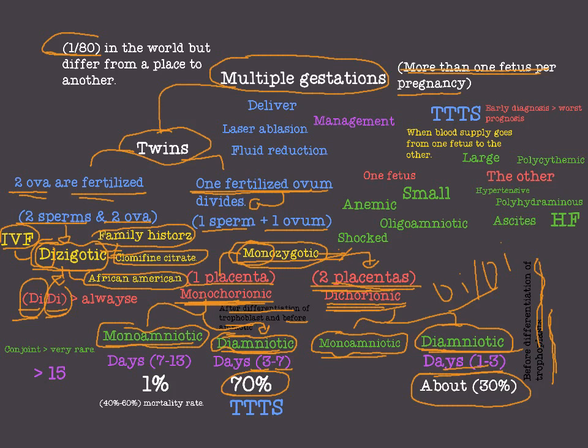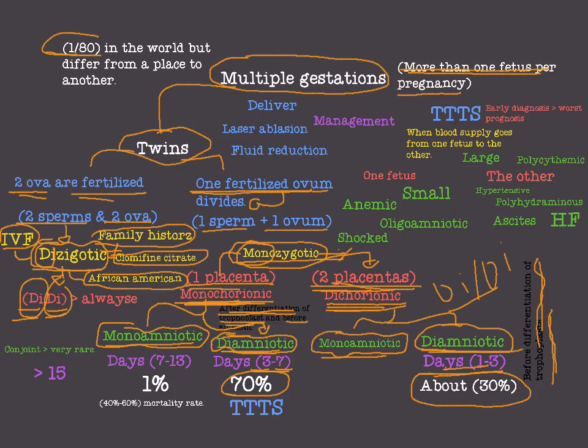Here, in the case of one placenta, we have already differentiated the trophoblast, so it will not separate anymore at days 3 to 7. But the amniotic sac is not yet differentiated, so we will have two amniotic sacs and one placenta, monochorionic and diamniotic.